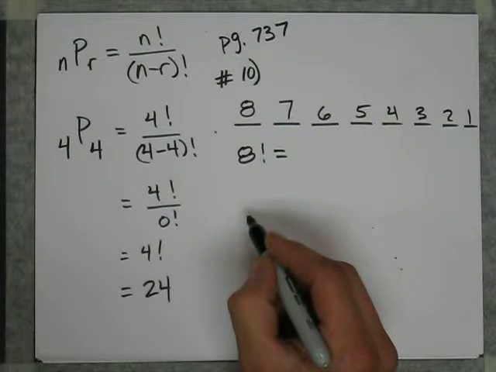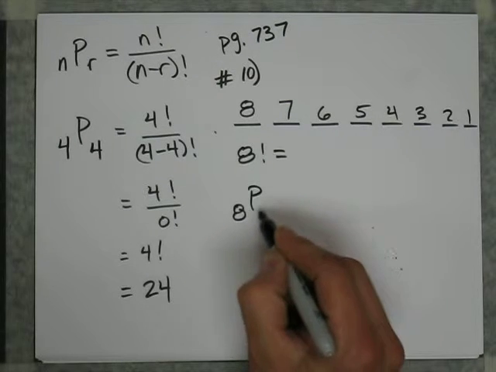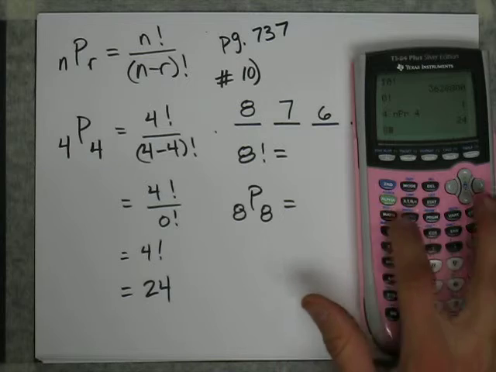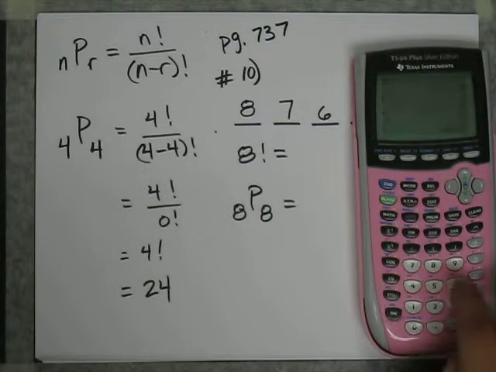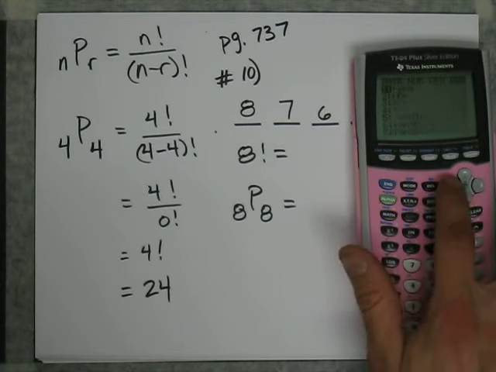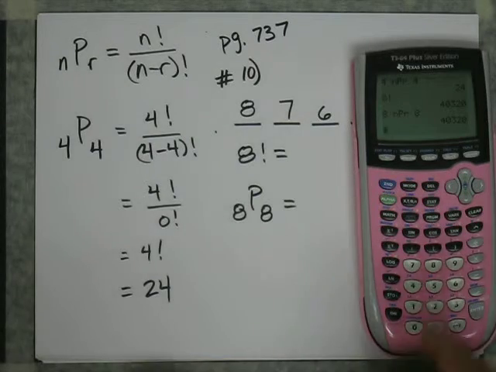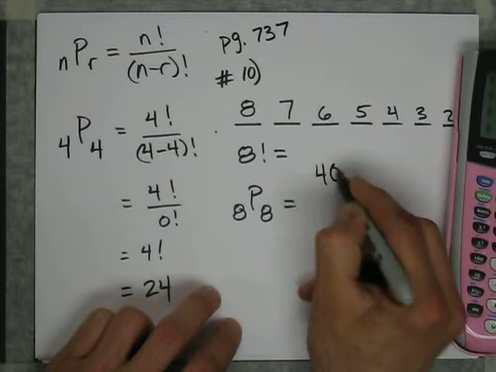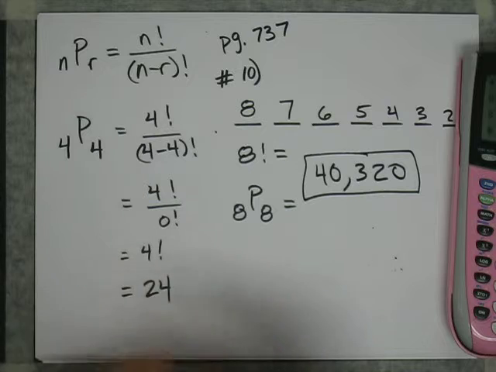We can also say it's the same thing as 8 permutation 8. Those should all equal the same thing. So I'll do both on here: 8 factorial, and then 8 permutation 8. You should get the same answer, 40,320. So either way is acceptable to do.